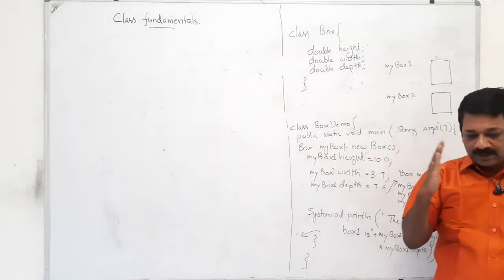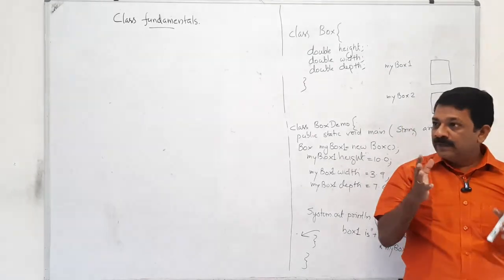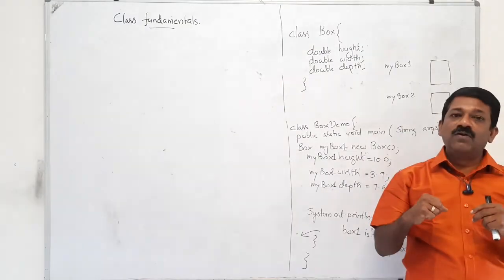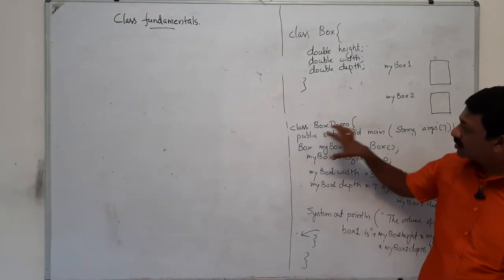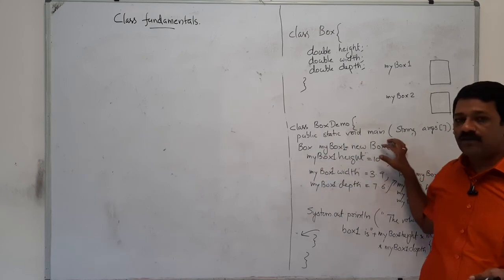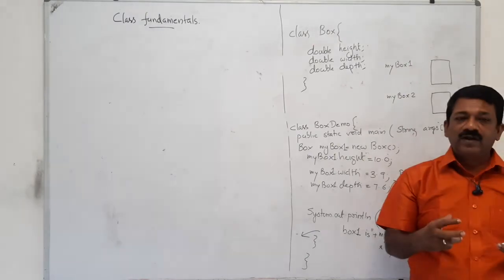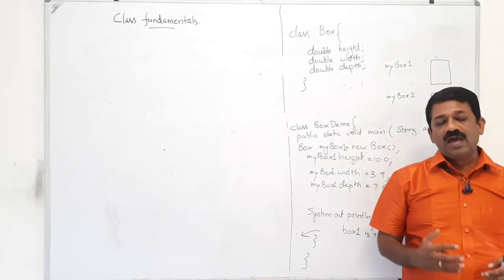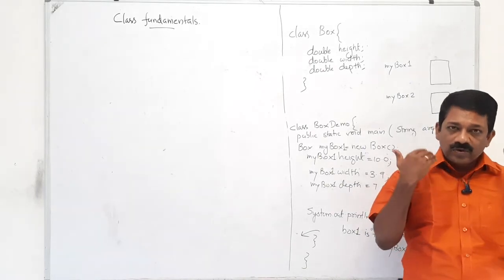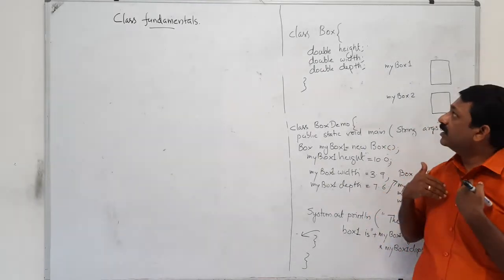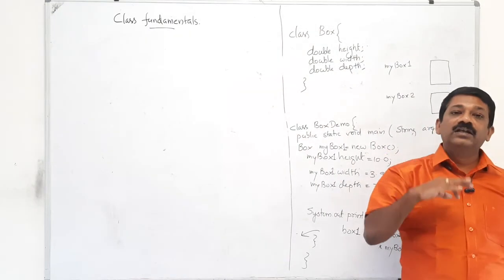That means a particular box is there, and that box has a property of volume, and this BoxDemo class has the public static void main, and it is setting the values of myBox1 as well as myBox2, and it is giving an instruction to the object to return the volume.